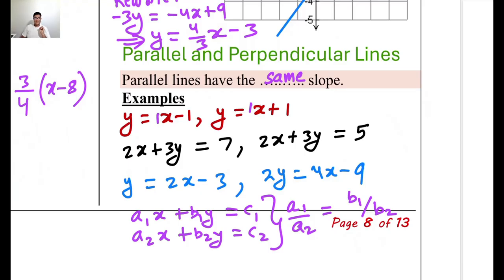That's how you can compare. Here you can see, 1 divided by 2 and 2 divided by 4. They have the same ratio. Okay.